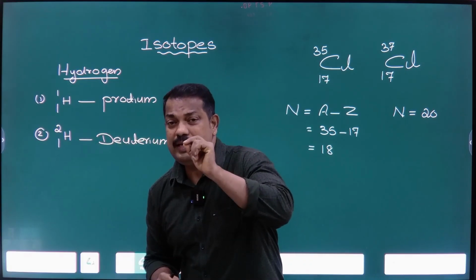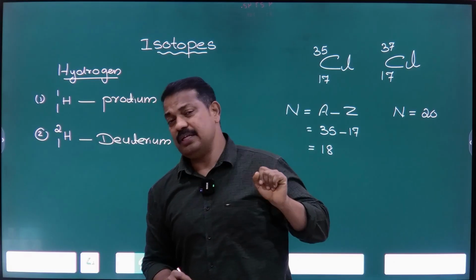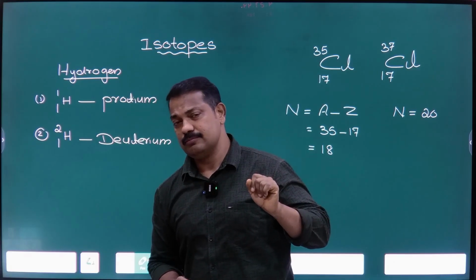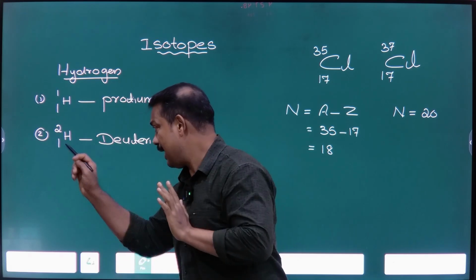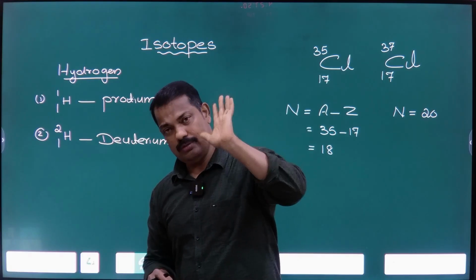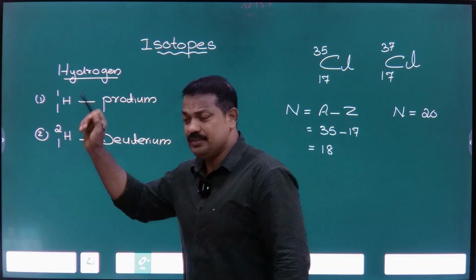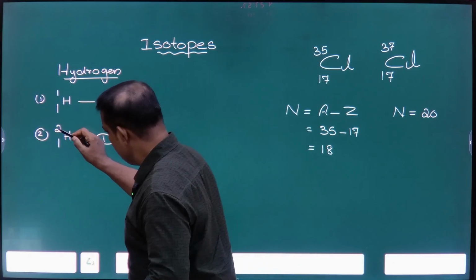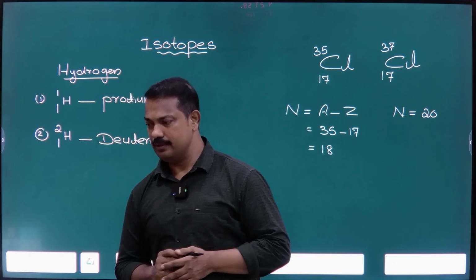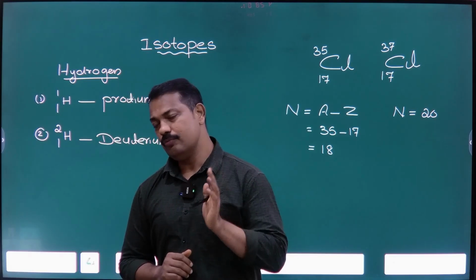And how many electrons are present? 1, because it is also an atom, and an atom is electrically neutral. How many neutrons are present? 1. Why? 2 minus 1 is equal to 1.